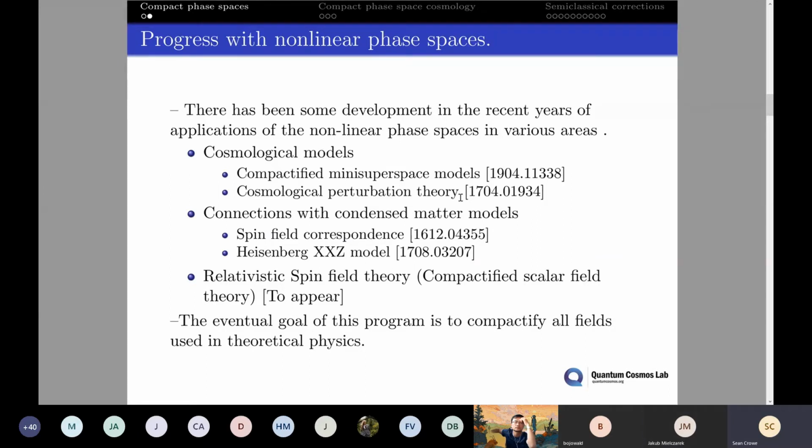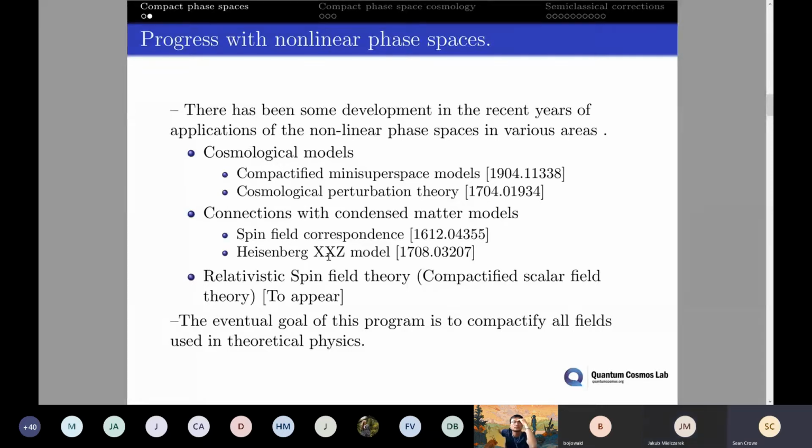But I think Jakub was there. I have a comment on that. Concerning the minisuperspace, it was actually the gravitational degree of freedom which was compactified. But in the case of perturbation, that was an analysis of the test field, a scalar test field, not the gravitational degree of freedom. Okay, so that was actually a simpler thing.